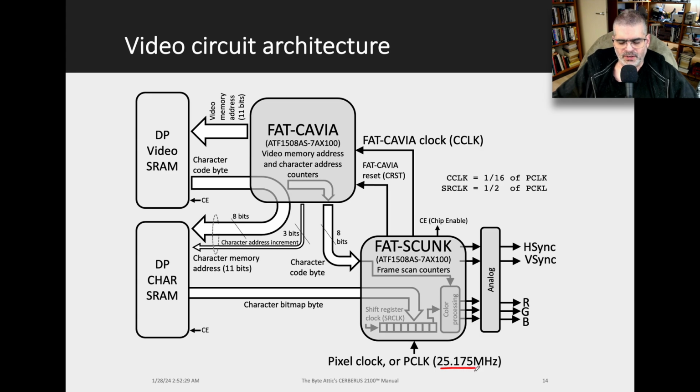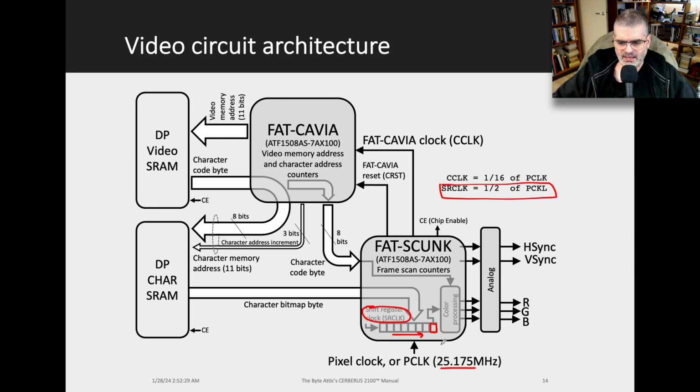But remember, we want to double sample each of these bits to fill the screen using less video memory. So the shift register clock, with which we clock the shifts to the right here, will be half of the pixel clock.